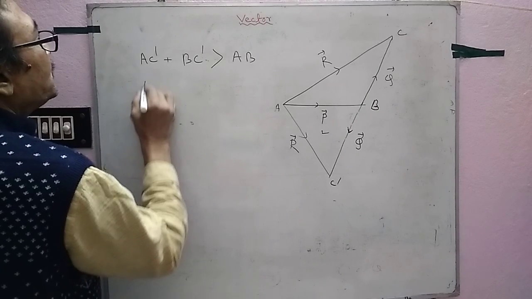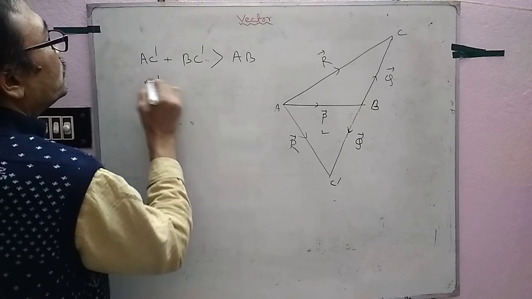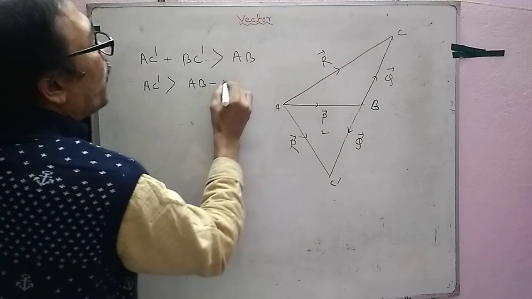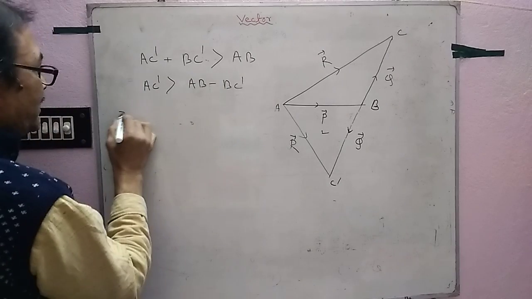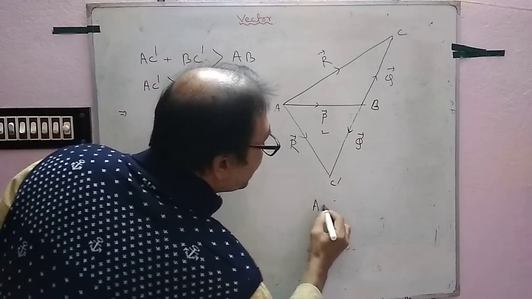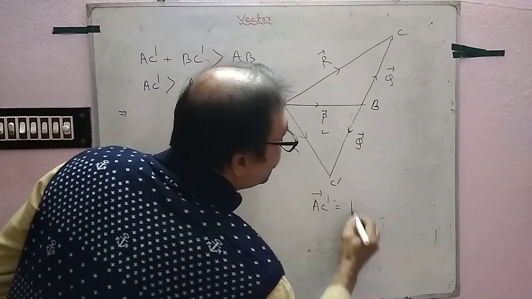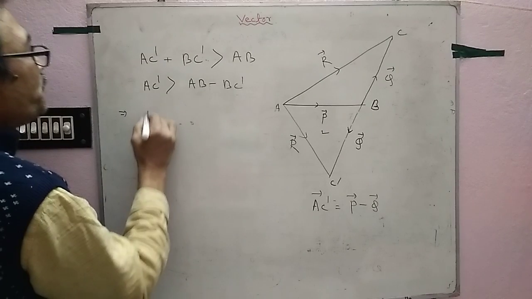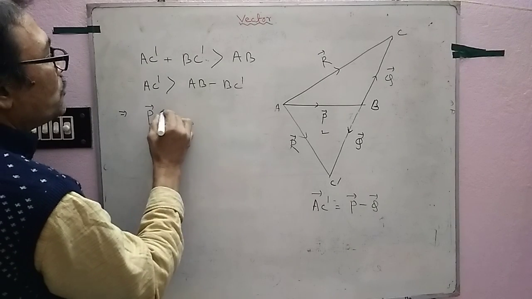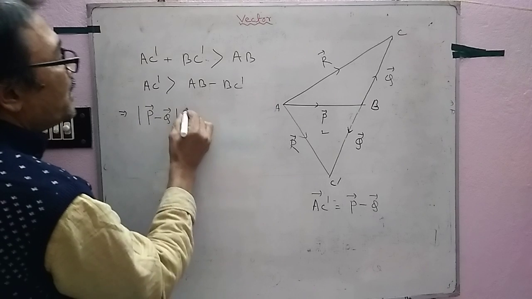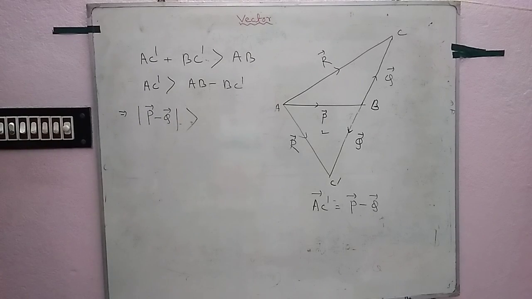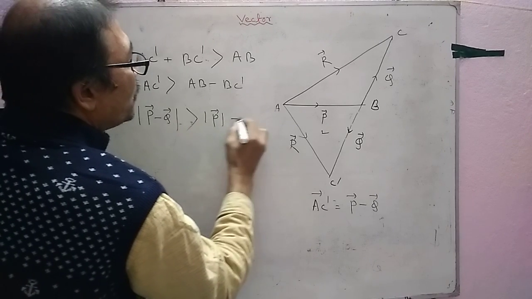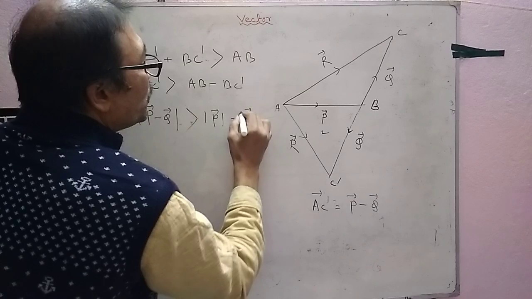So AC dash is greater than AB minus BC dash, that is AC dash. I wrote a little earlier AC dash vector equal to P vector minus Q vector, that is P vector minus Q vector mod is greater than AB, mod of P vector minus mod of Q vector.